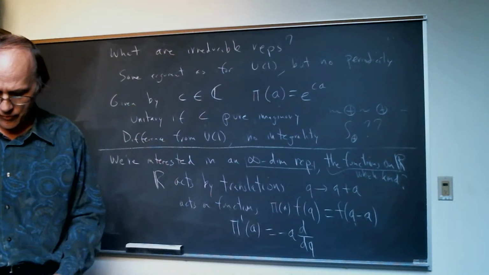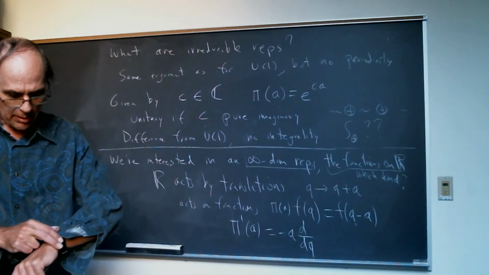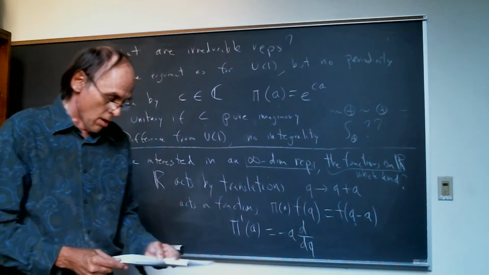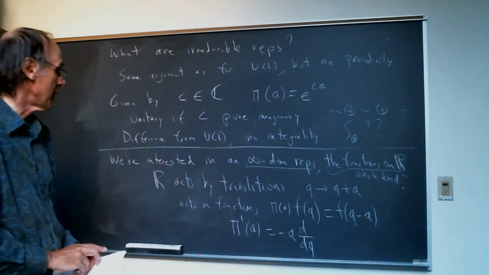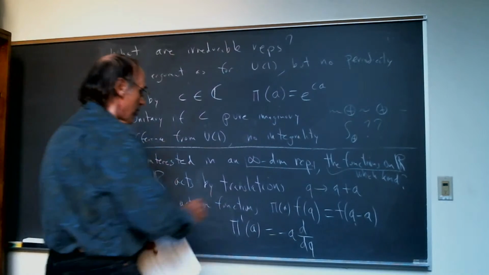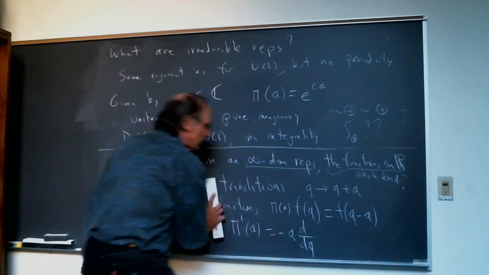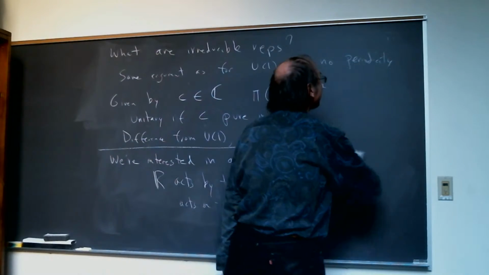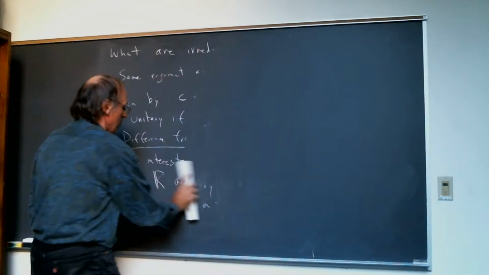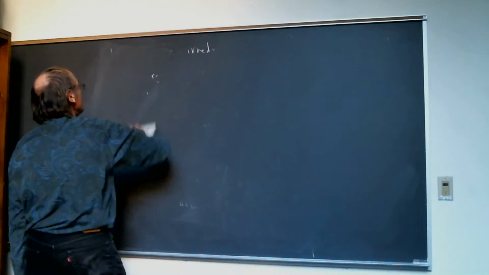Okay, let's see. Maybe, what else I want to tell you? Okay, so now let's go back to this notion of momentum. So now we're going to define, I already gave you the motivation for this at the beginning, so we'll just define momentum operators.